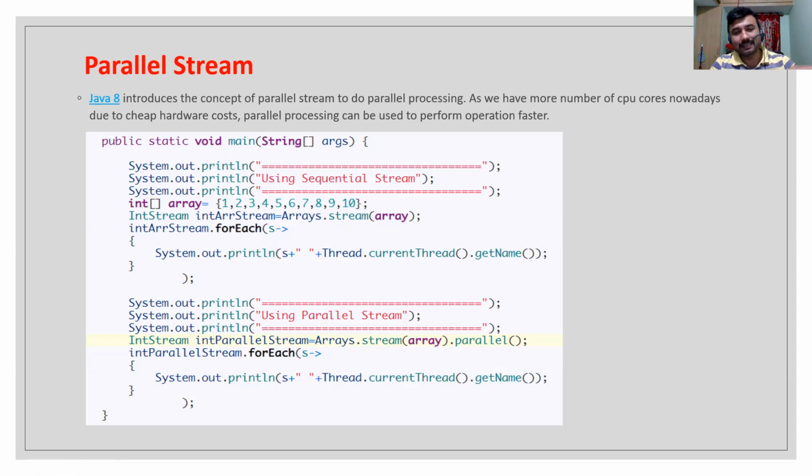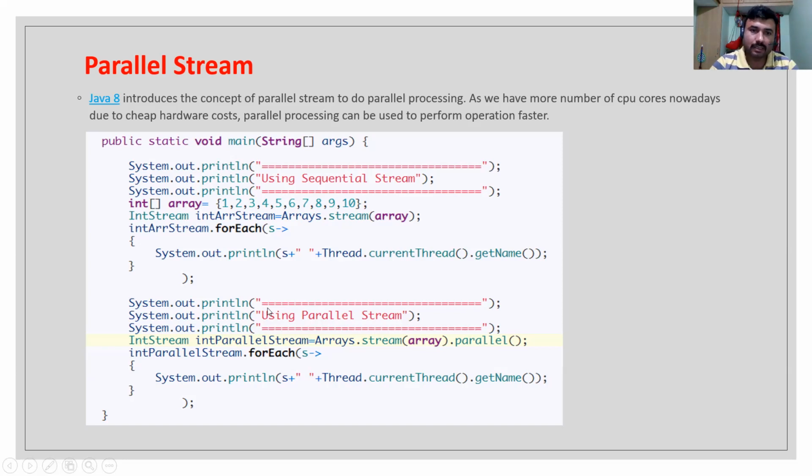Anyway, that will be discussed in coming slides. For now, you see how you write the stream, how you convert the int array to a stream, execute the sequential stream, and execute the same array in a parallel stream. So this is how the program is written.